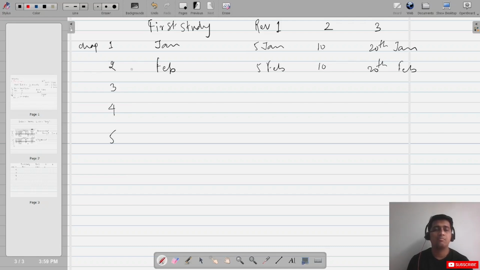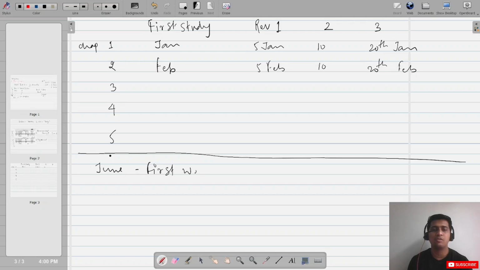Then, once you have completed a good number of syllabus chapters, like Jan, Feb, March, April, May, you can have a full month for revision. June first week is only for revision: the first week of revising what I have read from Jan to Feb.